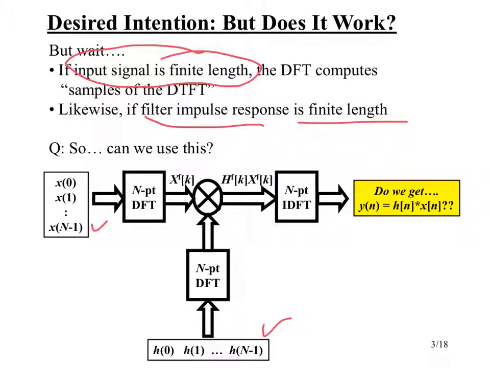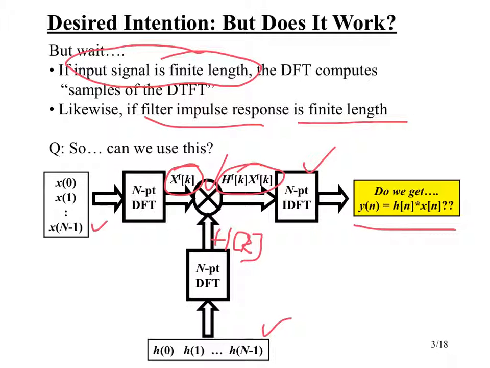So we would compute this DFT of our input signal, and I don't show it here, but we would compute our DFT of the impulse response. And then this box here forms the product, and then we would do an inverse DFT. And the question is, do we get what we want, even for this simple case?